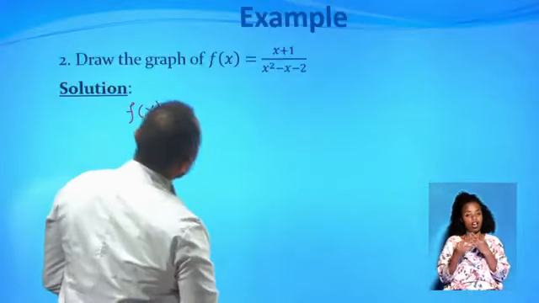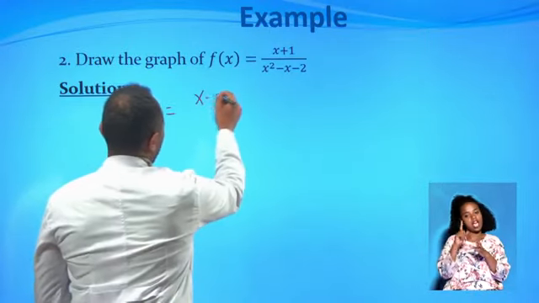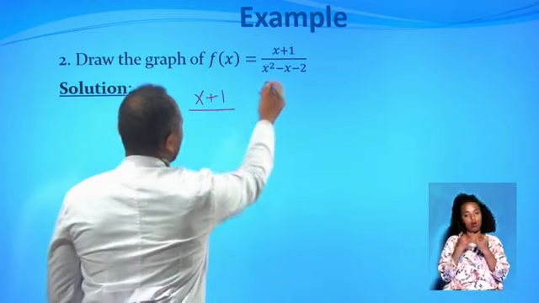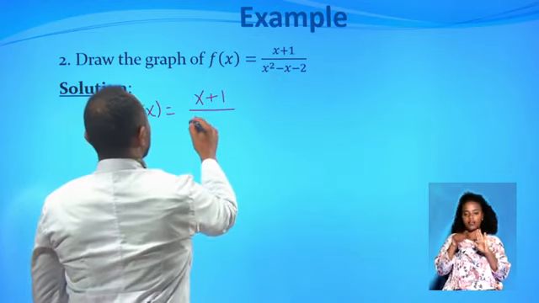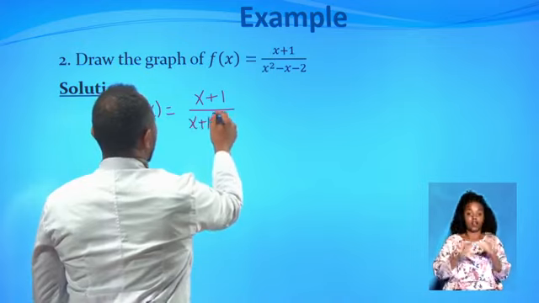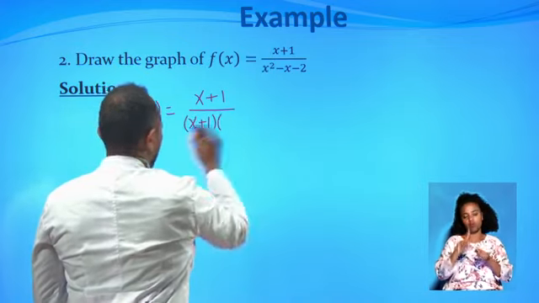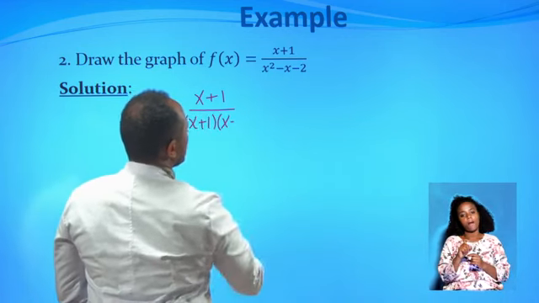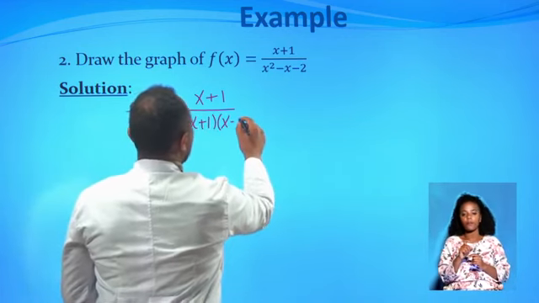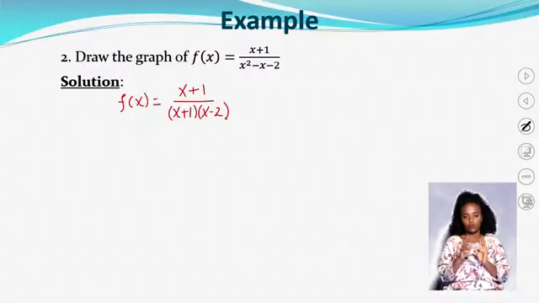F of x equals x plus 1 over, factorizing the denominator, it becomes x plus 1 times x minus 2.